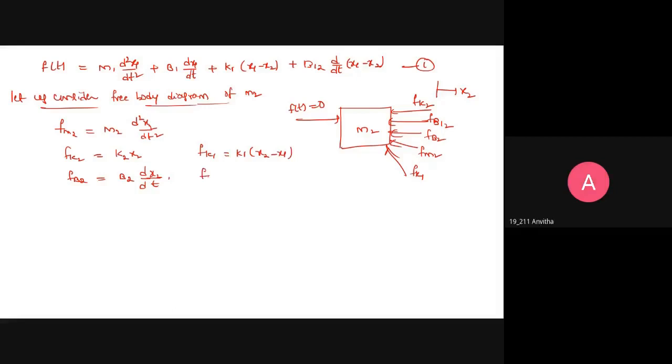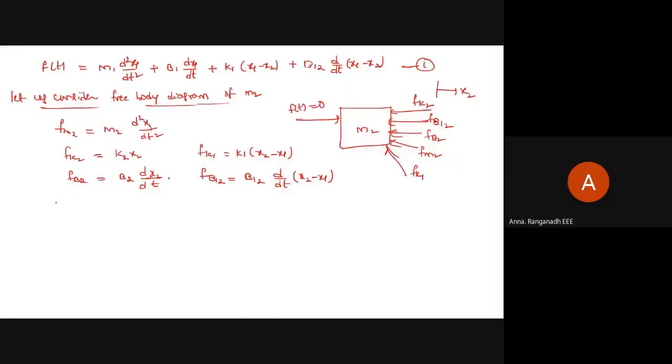Next, Fb12 equals B12 d by dt of x2 minus x1. So if you substitute all the equations, first we will write Newton's law.